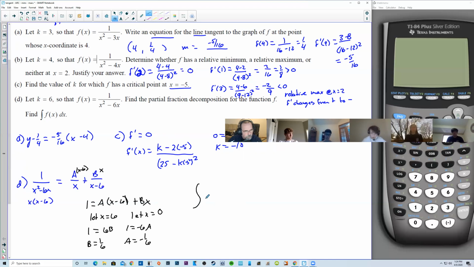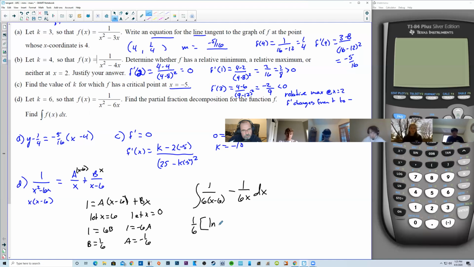So this is the integral of, negative 1/6 is the a, so we'll put the 1/6 first. That's 1 over 6 times x minus 6, and then minus 1 over 6x dx. So we can factor a 1/6 out.